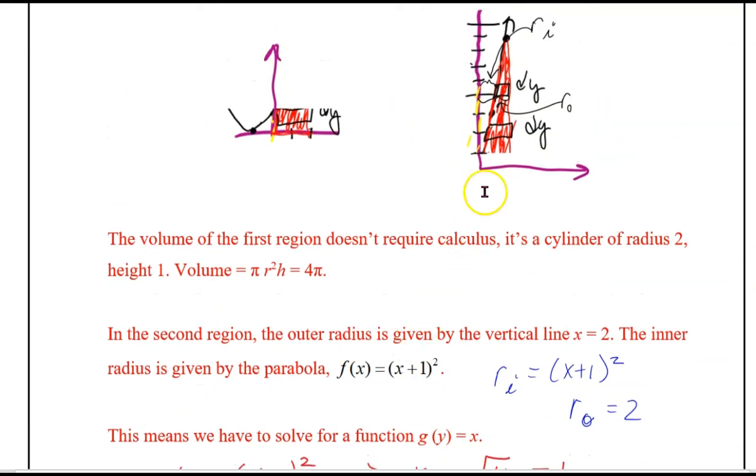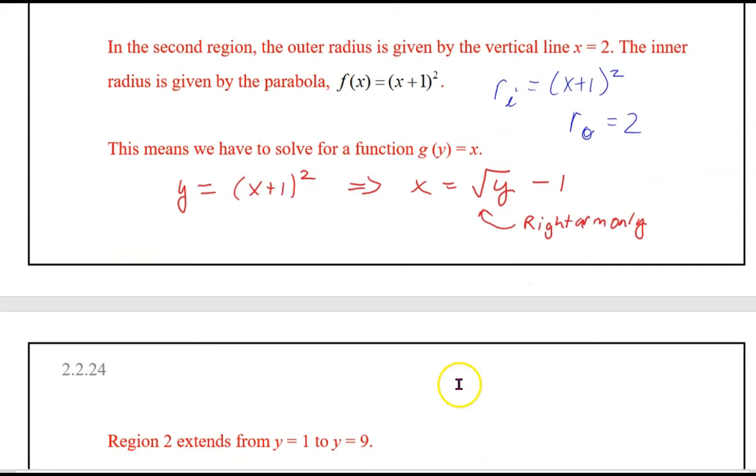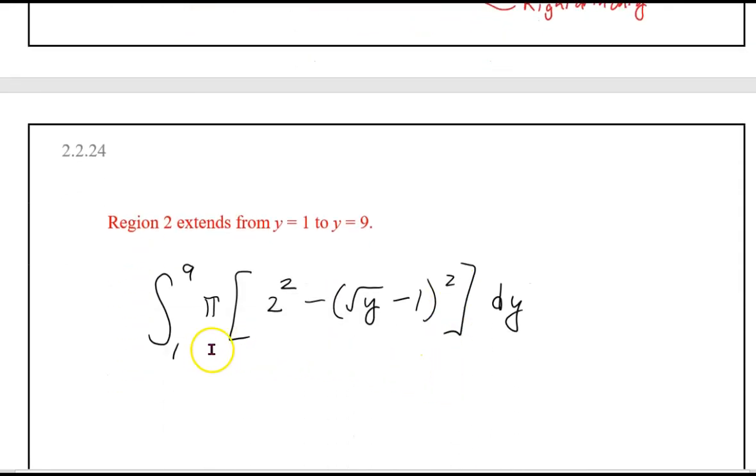This will match our picture now because the narrow end of our strip is the short end, which is vertical, which means the differential must be dy. Setting up our integral then, region 2 extends from y equals 1 to y equals 9, pi times the outer radius 2 being squared, minus the inner radius as a function of y also squared.